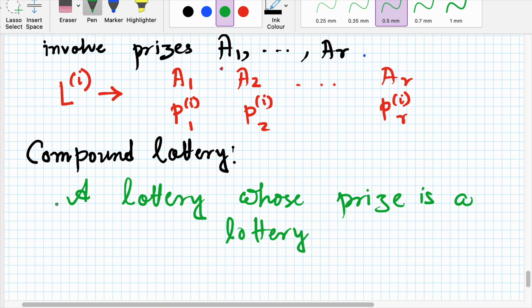A lottery whose prize is not some basic outcome A1, A2, but another lottery.